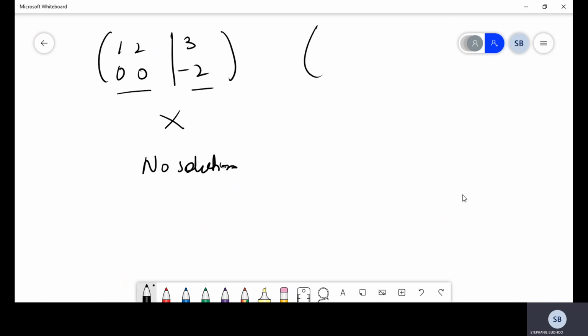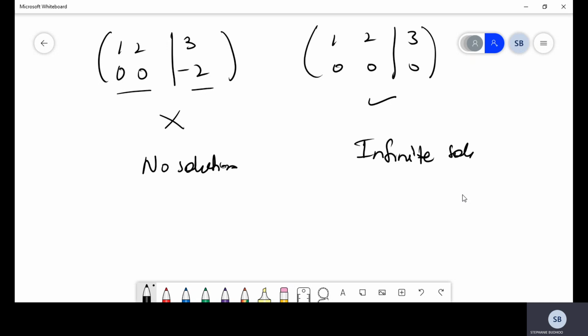And if you have a situation where you get your entire row being reduced to zeros, then you have a system where you have infinite solutions. All right, so those are some nice points to note when you are dealing with a system of linear equations.